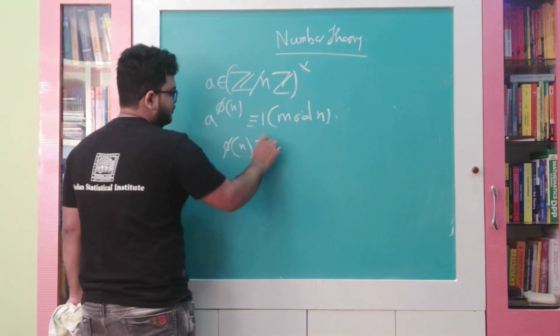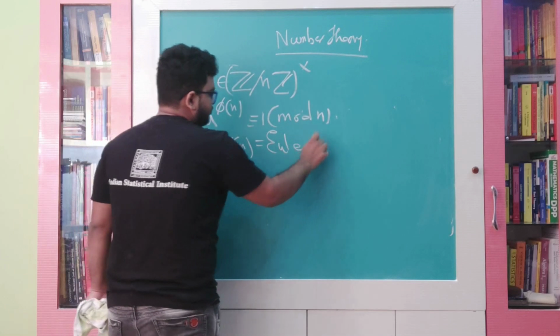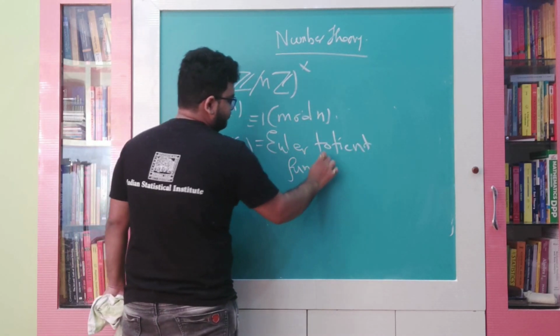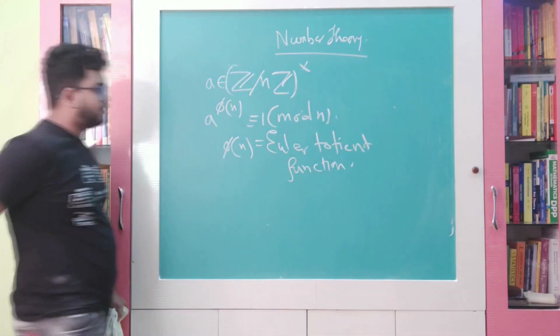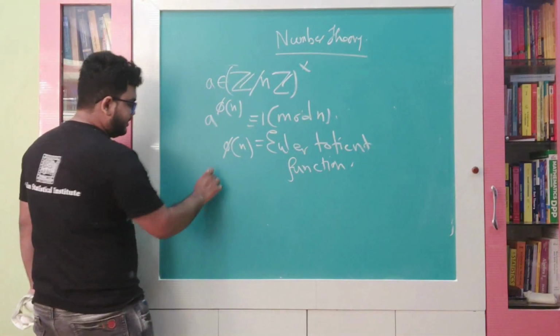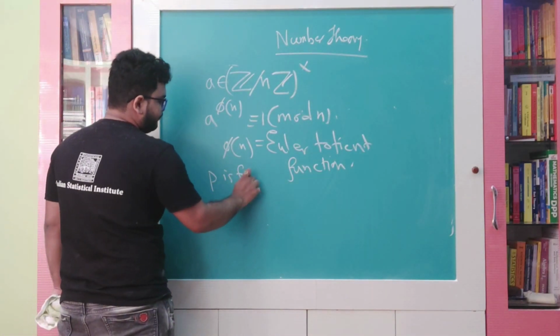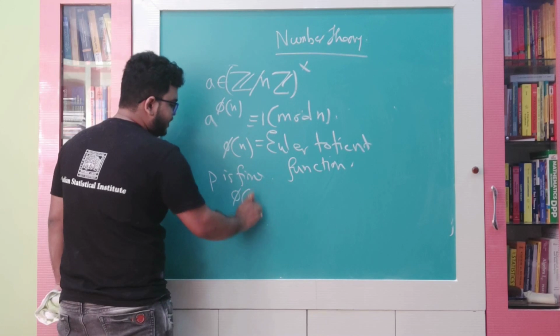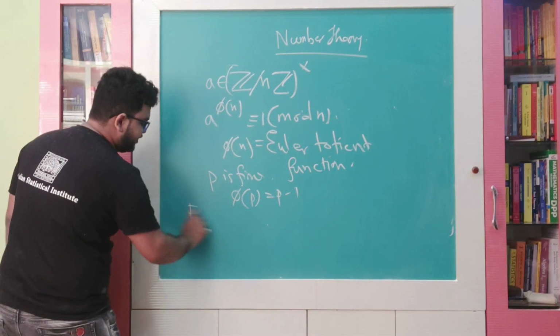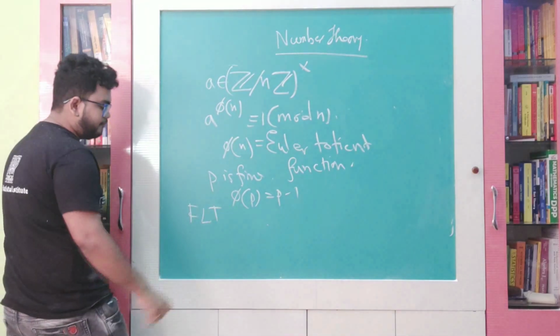Phi n, Euler quotient function. Okay. So one of the results, if P is prime, phi of P is P minus 1, and Fermat's little theorem, FLT.